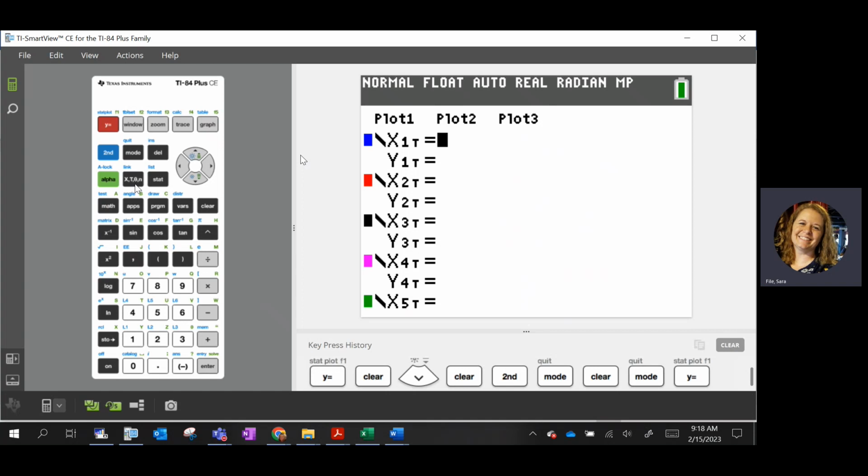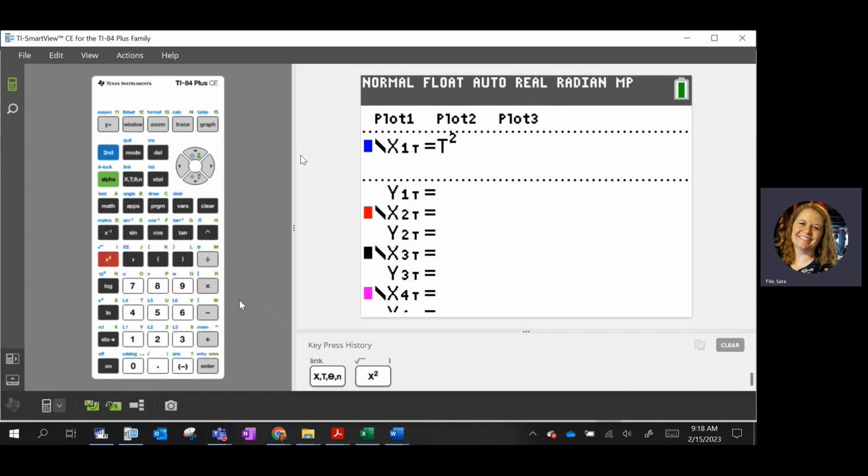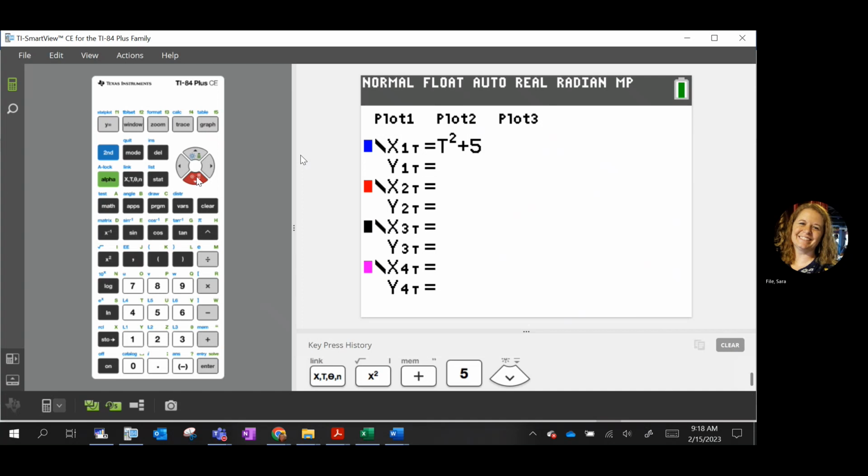Excuse me. But when you're in parametric mode and you hit that button, you get a T. So T squared plus 5. And then the Y equation was T over 2 plus 4.